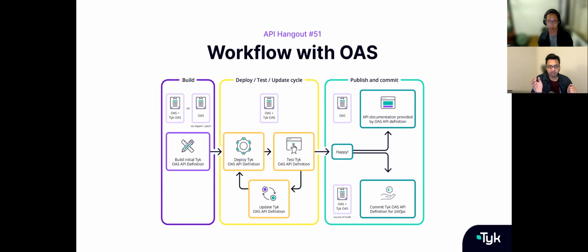In the deploy, test, update cycle, you can keep iterating on your OAS document together with Tyk until you are happy to publish it. You can test it out, you can deploy it, you can update it according to your needs and requirements. And then finally, when you're ready to publish and commit it, you can publish it to the developer portal for external consumption. Again, OAS makes documentation really easy. That is one of the key strengths of the OpenAPI specification.